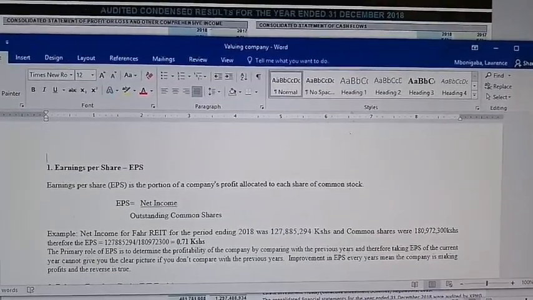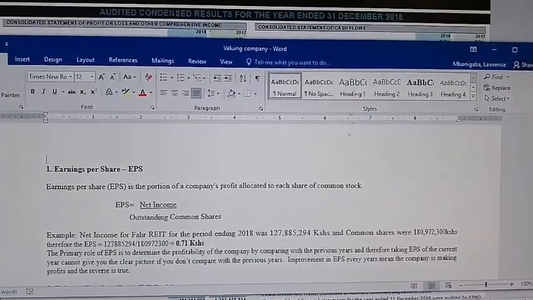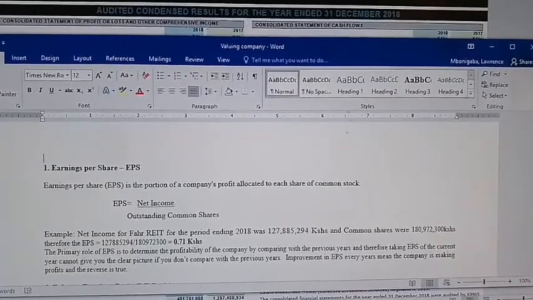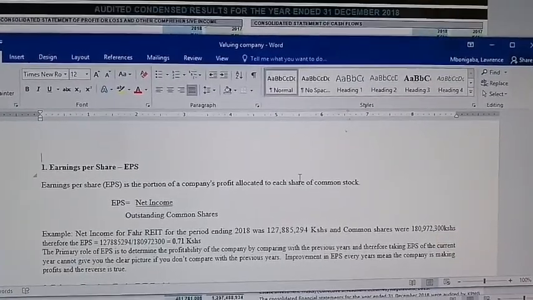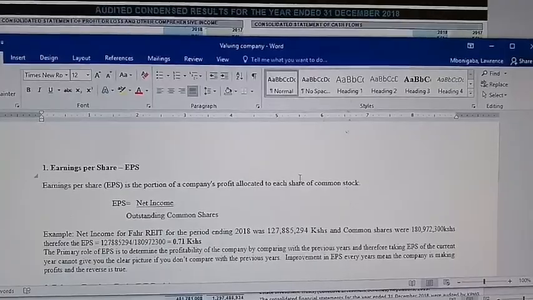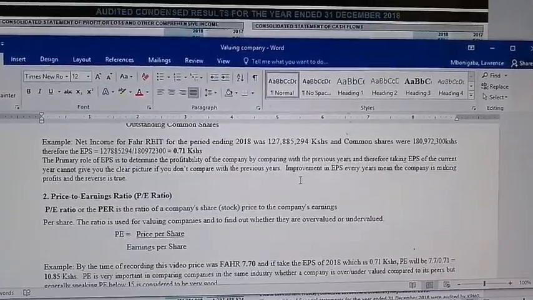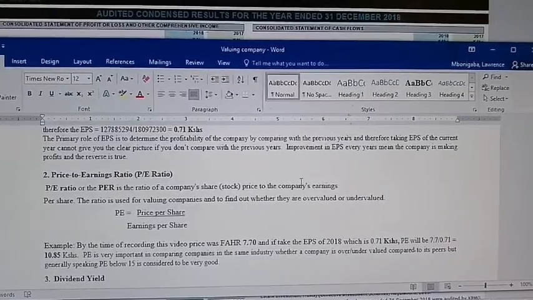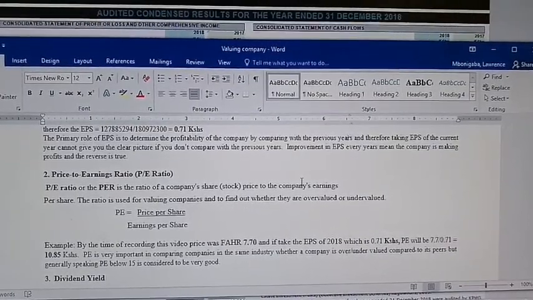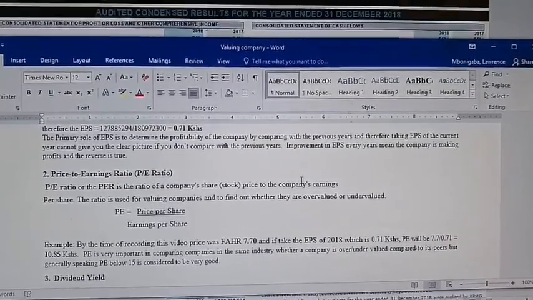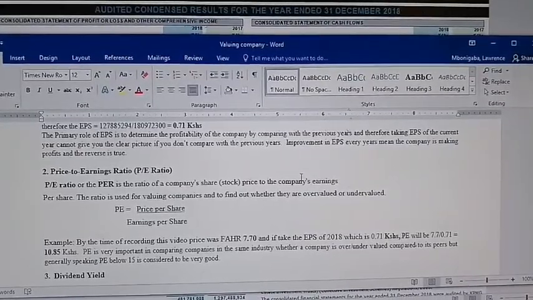In an ideal situation, it means the price should be equivalent to the book value. So if the price is below the company's book value, in theoretical terms, it means the share is undervalued.